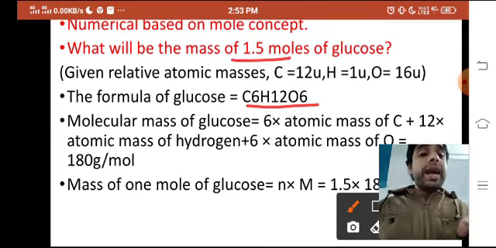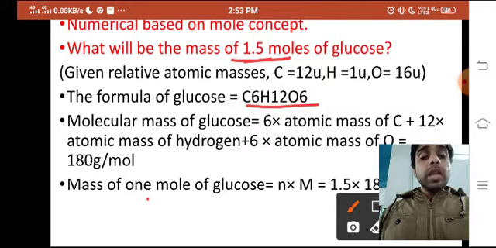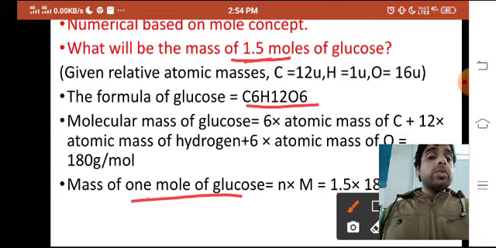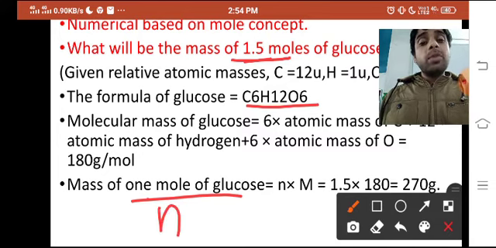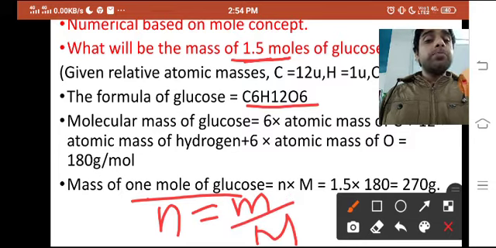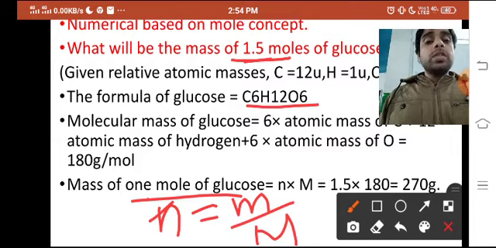First of all, you should know the formula: n is equal to m by M. Here you have to find the mass. As we have discussed earlier, small n is the number of moles, m is the mass, and capital M is the molar mass. So you have to calculate the mass.